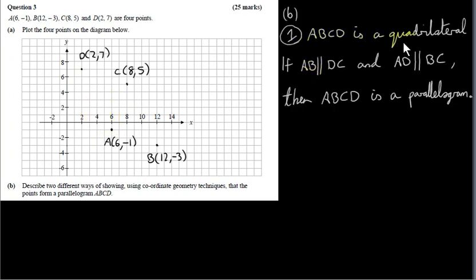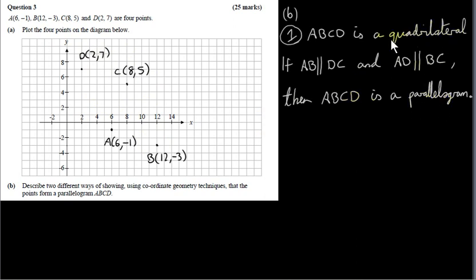So, I've just stated what I said earlier. If ABCD is a quadrilateral and AB is parallel to DC, so AB and DC are opposite sides, and AD is parallel to BC, AD and BC being the other pair of opposite sides, then the quadrilateral ABCD is a parallelogram.